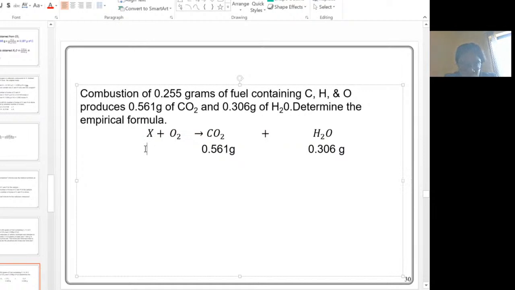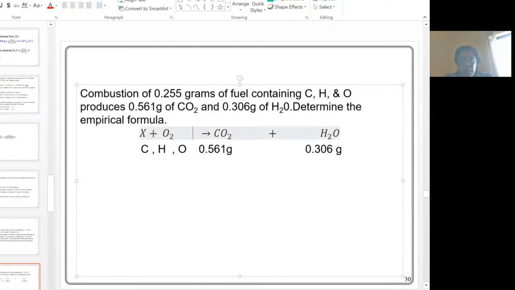So in this compound X, we are sure, because now the question is clear, we have carbon, hydrogen, and oxygen. But what are the quantities for carbon?